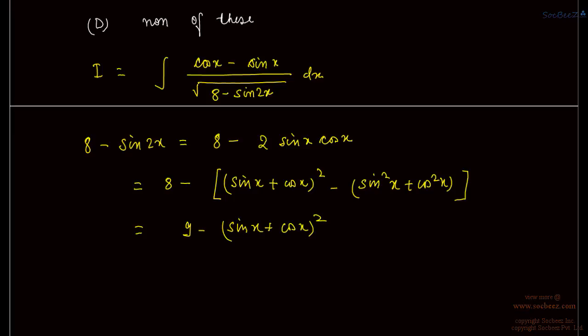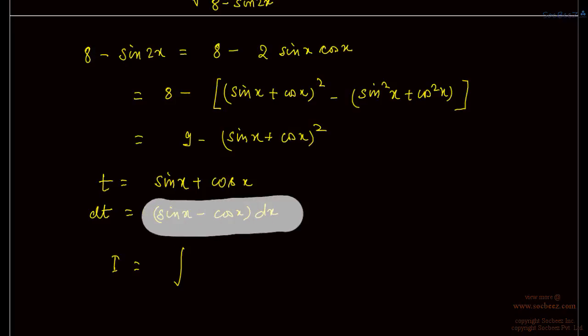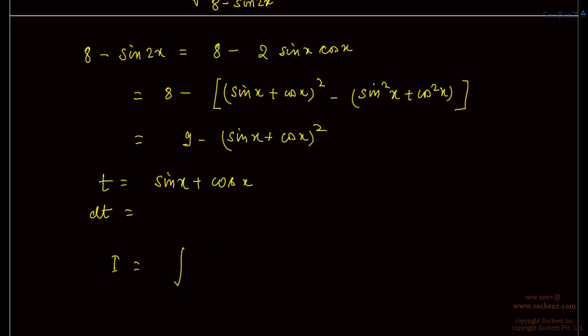So if we substitute t is equal to sin x plus cos x, we will be getting dt is equal to cos x minus sin x dx.